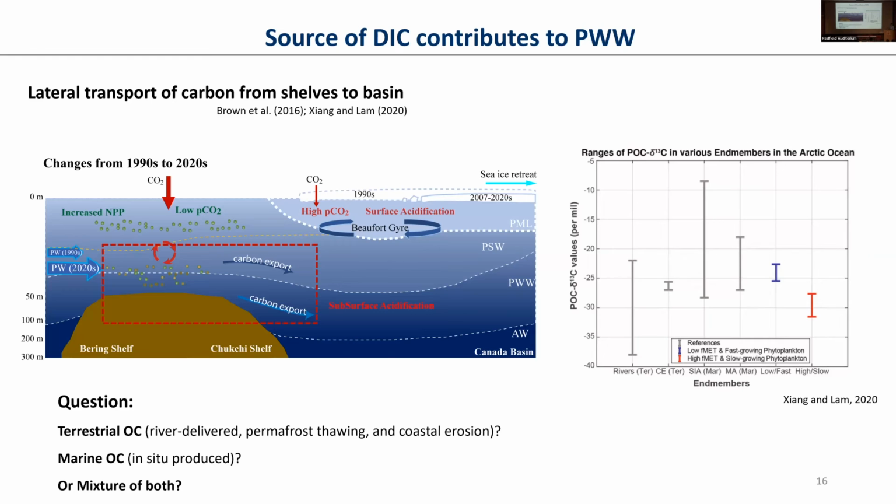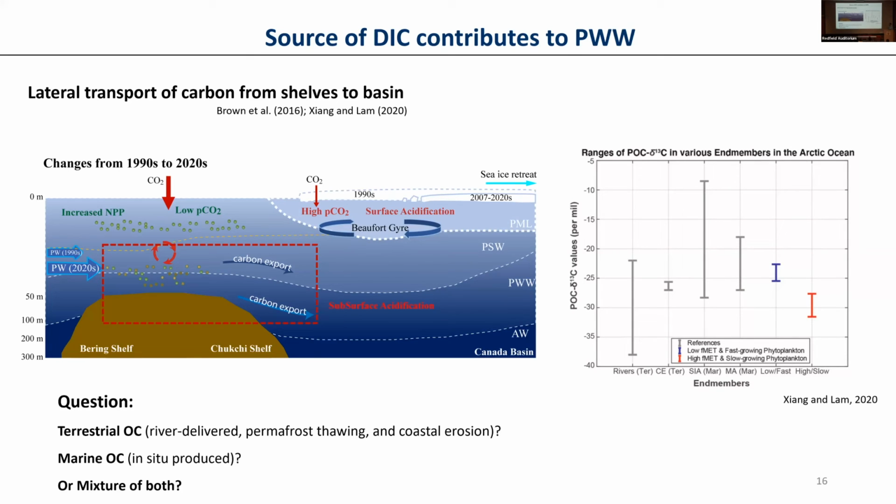Someone may ask why the Pacific winter water has the highest DIC and what is the carbon source for that. Actually, there are several papers already published, and they use multiple tracers to answer this question. They all suggest that the carbon transported from the shelf to the basin is a main contributor of the DIC to Pacific winter water.